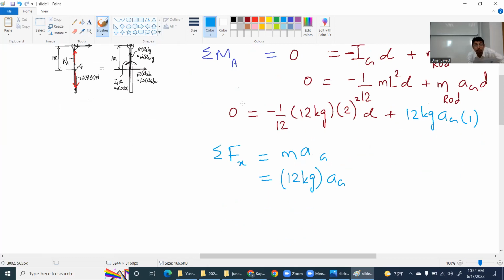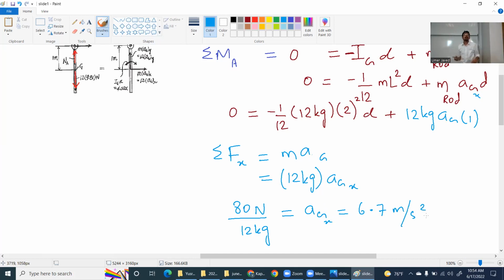It is 80 Newton. And I will finish my question by talking about 80 Newton divided by 12 kilogram is equal to AG. And AG comes out to be 6.7 meter per second square. Boom. Now acceleration of center mass is done.